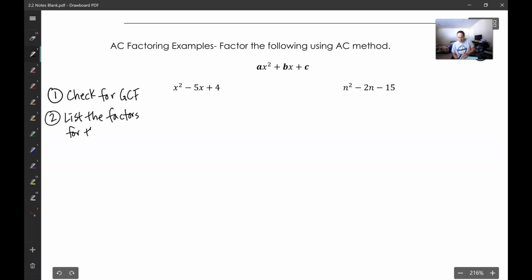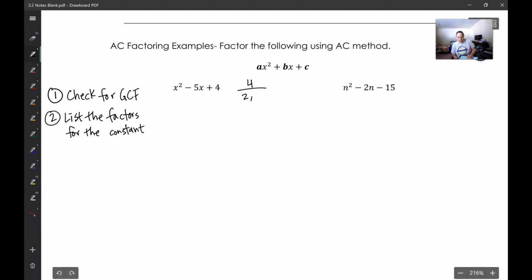for the constant. So little review of vocabulary. The constant is the number without a letter. So the number that doesn't have a letter is your constant term. So I'm going to take that constant 4, and I'm going to list the factors for that 4. Meaning I'm going to list the pairs of numbers that multiply to 4.